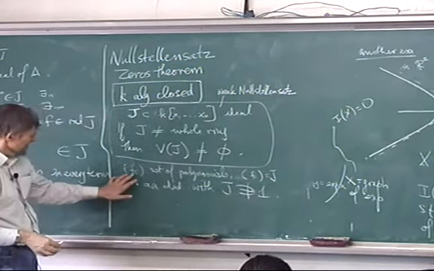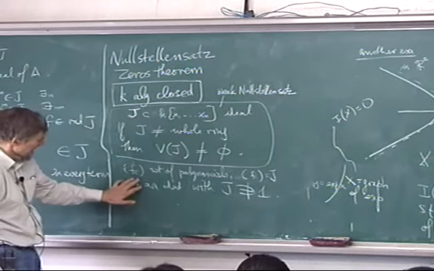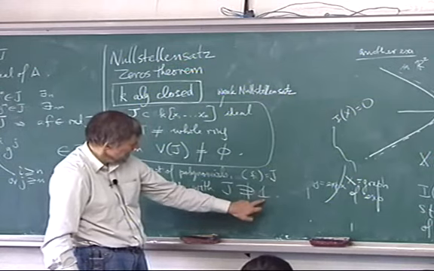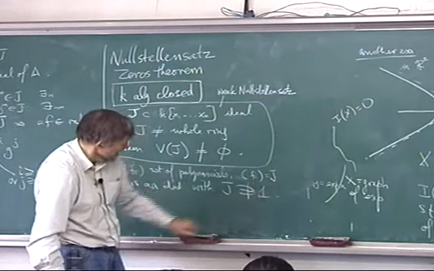So I have a set of polynomials, and it's not possible to express 1, the constant function 1, as a linear combination of the f_i's.